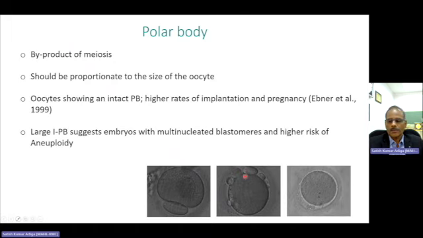It has been shown that an embryo derived from an oocyte with an intact polar body has a higher chance of implantation and pregnancy compared to one with a fragmented polar body. It is also shown that large polar bodies are usually due to meiotic errors, and embryos from these oocytes are at a higher risk of aneuploidy, so they should be avoided for insemination.